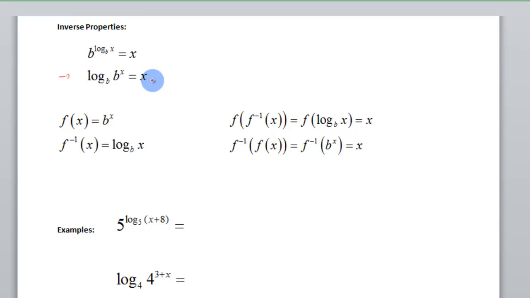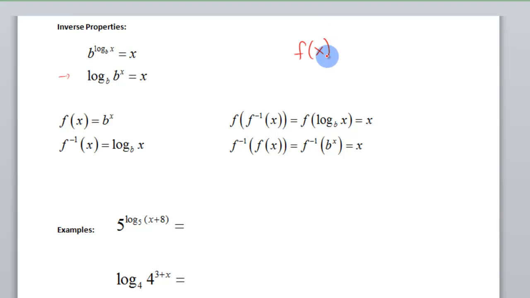Well, how these are true is they're based on the inverse properties between the exponential and log. Since they're inverses, statements like this are true from the inverse chapter.